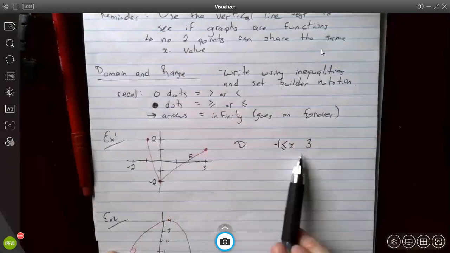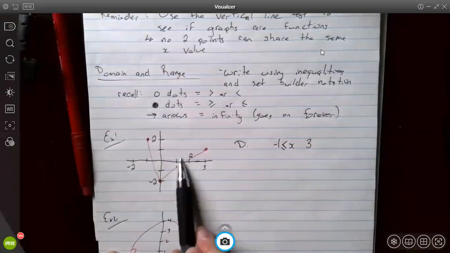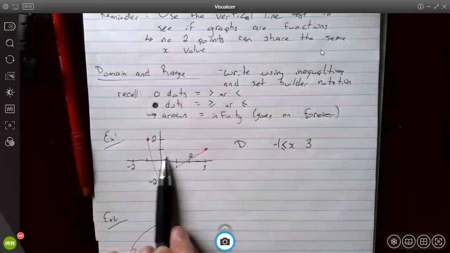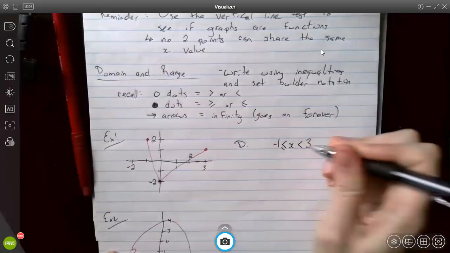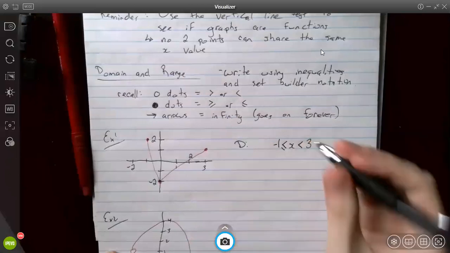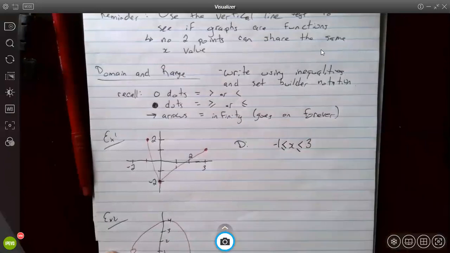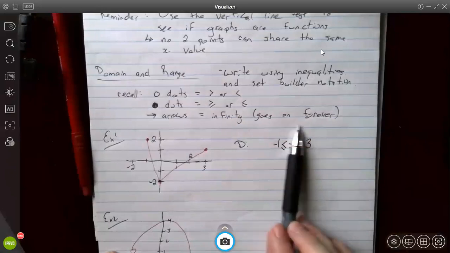And then if I compare the x to the 3, all of the x values in this graph are below 3. So x is less than 3. And because this dot is closed, I can write or equal to.